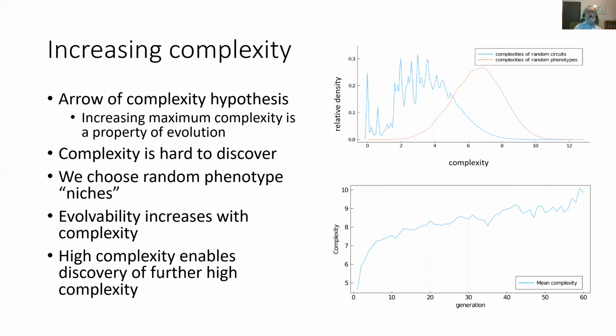The plot on the right shows that this process where we ratchet up from low complexity to high complexity is very effective. In our case, we set up these random niches for 4 input, 1 output goals, 600 out of the 65,000 possible phenotypes, and this process enables us to discover almost all of those 600.